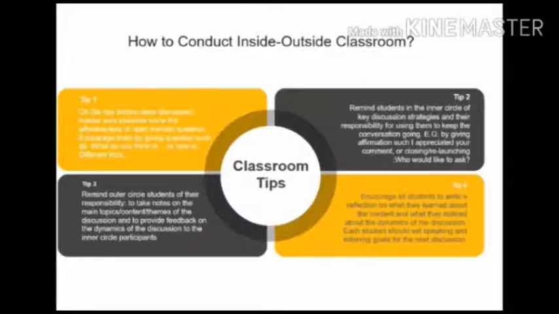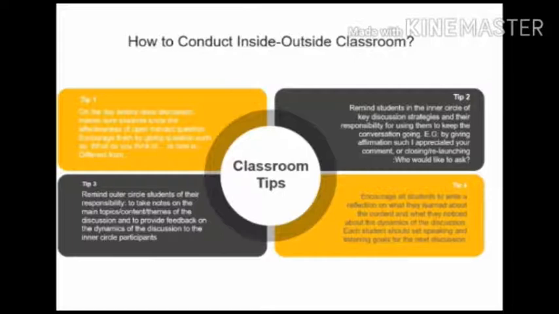For the outer circle, we need to remind them to take notes on the main topics, content or themes of the discussion, and maybe provide some feedback on the dynamics of the discussion to the inner circle participants. So the balance of discussion is appropriate for both of these parties.